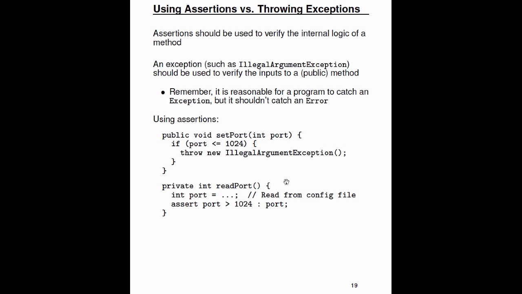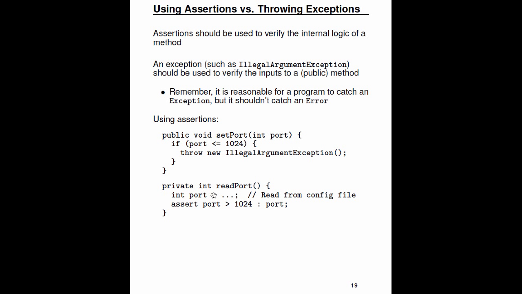Contrast this with a private method that reads the port from a configuration file. So what does it do? Okay, well, it does whatever it has to do to read it from the config file. Before it returns it, it validates that it's a valid port by asserting that the port is greater than 1024. And by the way, if it's not, it'll issue a message with the value of port in it.